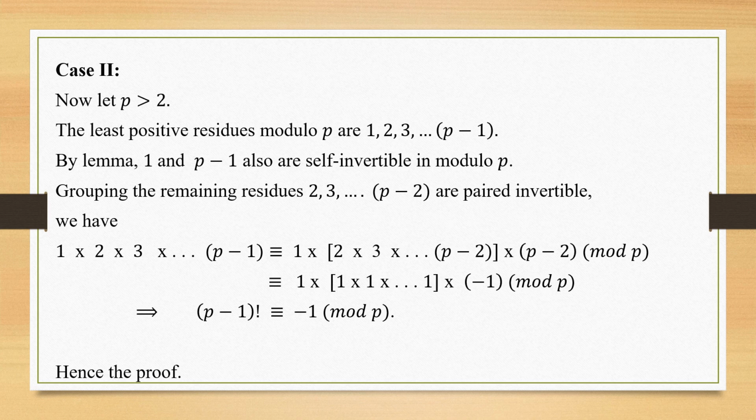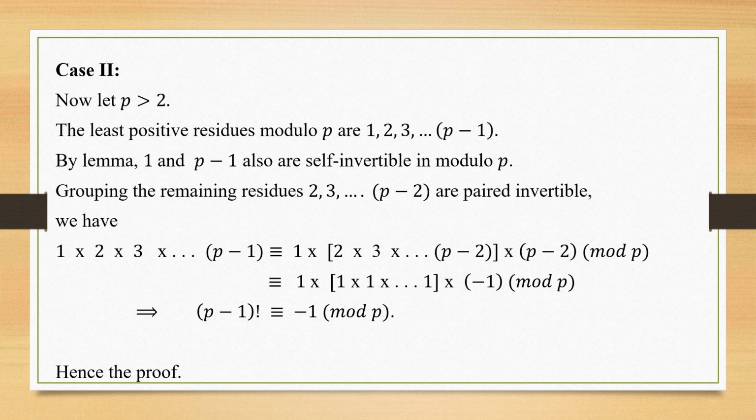These are again paired with their inverses. We have 1 cross 2 cross 3 cross so on up to P minus 1, which is congruent to 1 cross, as we are grouping it, 2 cross 3 cross so on up to P minus 2 cross P minus 1 mod P. The paired inverses give 1 each, and P minus 1 gives minus 1 mod P. So the entire product is congruent to minus 1.